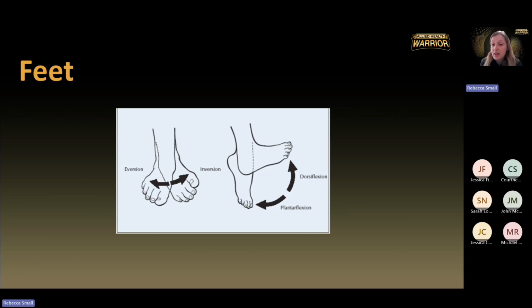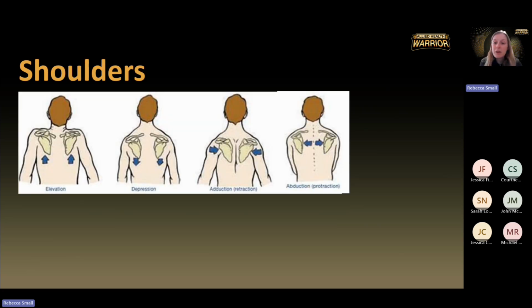You might have seen that a bit with some children who have cerebral palsy, or those who have had prolonged immobilization, so sitting in their chair for a long time, they might develop that sort of posture more. And again, we look at whether it's fixed or flexible. So if it's flexible, great, but if it's fixed too, how can we accommodate for that in our foot plate positioning? Next body segment, the shoulders.